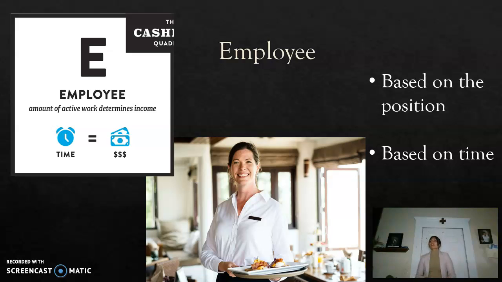So, our employees are typical waitresses, fast food restaurant workers, our cashiers, and no one really thinks about it, but employees are actually paid based on the position. So depending on what you do, whether it's at Walmart, you're a cashier, obviously you're gonna get paid a little bit less than what a manager would get paid, right?